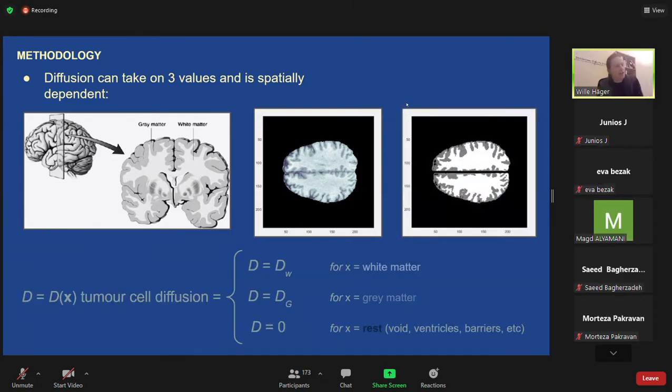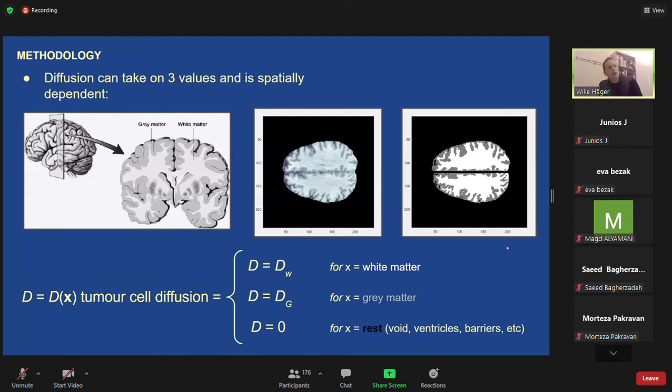And then we have a diffusion coefficient, which can take on one of 3 values: 1 for white matter, 1 for gray matter, and 0 for everything else. So 0 means that the tumor cells cannot move through that medium at all. So it could be outside the brain or barrier, or for example, metal barriers. So therefore, this diffusion coefficient becomes a function of which voxel you are actually in.